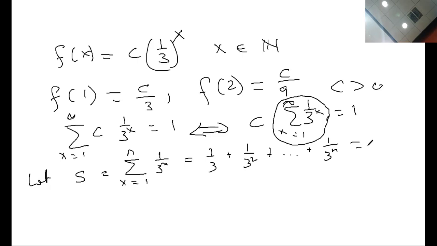And we say that it is 1 over 3 minus 1 over 3^(n+1), over 2 over 3, which here is 1 minus 1 over 3. Can you do this computation on your own by now?